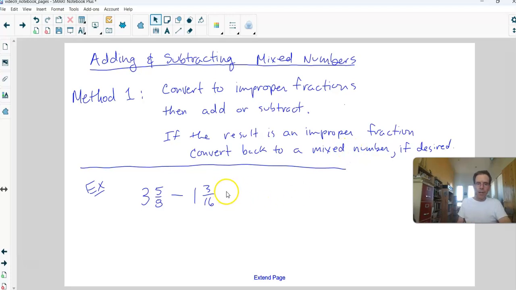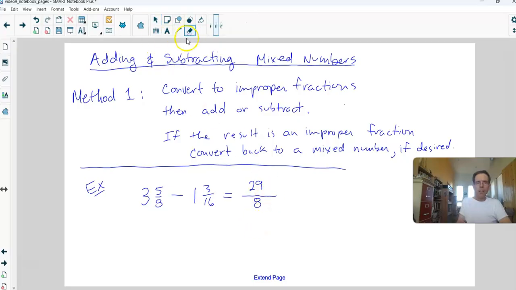Okay, so let's try this. I'm going to use the quick method to get these improper fractions. So the first one, I'm going to do it in my head now, right? I think we've done it enough. We multiply 3 times 8. That's 24 plus the 5, that's 29 eighths.